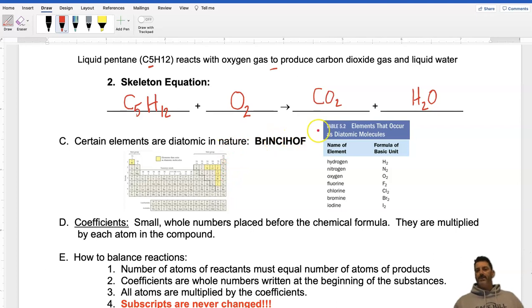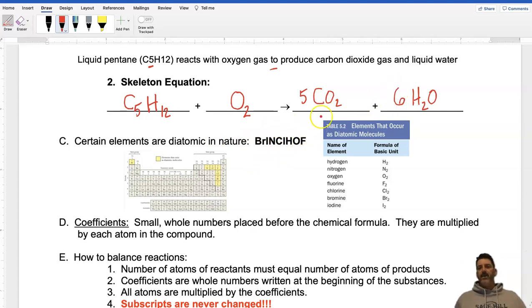Now I want to balance it. You don't have to make a chart. You can balance this visually, and that's what I'm going to do. I'm going to start with carbon, because I always want to leave hydrogen and oxygen to last. There's 5 carbons on this side, so I'm going to put a coefficient of 5 right there. Now my carbons are balanced. Now I'm going to go to hydrogen. There's 12 hydrogens on this side, so I'm going to put a 6 right there.